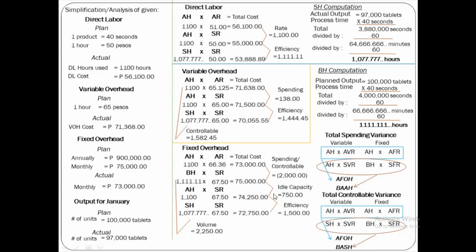What do you mean, sir? For example, if efficiency variance 1,500 is given and 72,750 is also given and this is not given, then you can actually work it back by adding 1,500 plus 72,750. Just like that, you'll be able to get the 74,250.